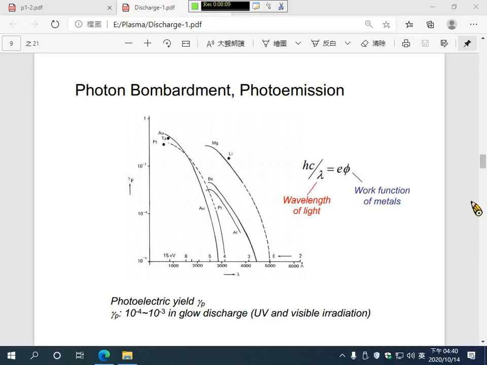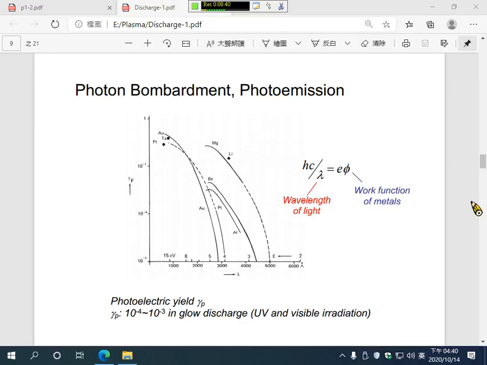So the energy of free electrons in these two models is equal. You cannot distinguish whether this electron comes from tungsten or hydrogen or other cases. So here is the same standard of potential, the vacuum level.